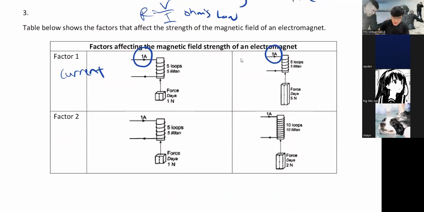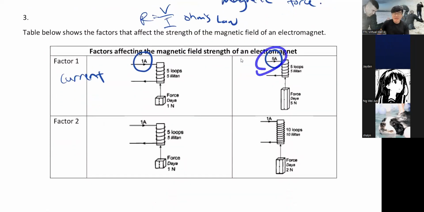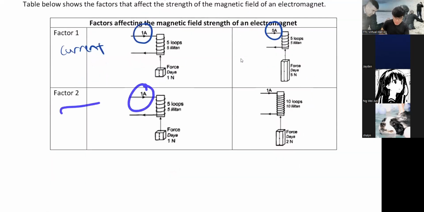No problem. All right, as you can see here, what is current? Current is how much electricity is in a wire. If you use more electricity, the heavier you can pull. If you use a very small electricity, this can only pull a very light weight. So the higher the current, the higher the force, the stronger the magnet. In the second one, the ampere is the same, but what is different is the number of loops, the number of circles.